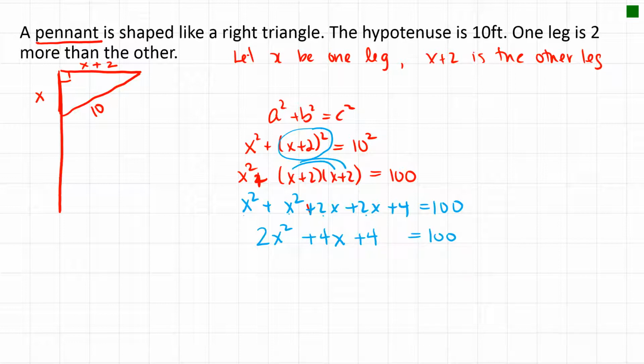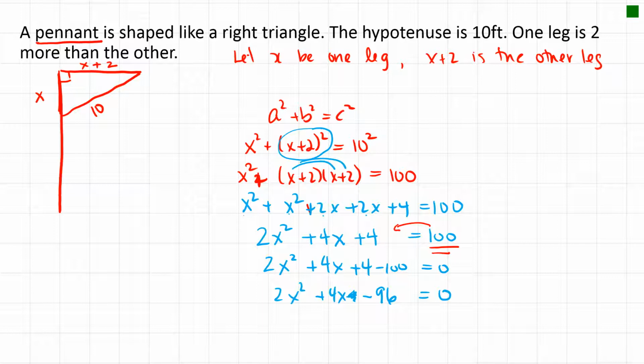Now remember, when you factor, you need to have a 0 on the right, so I'm going to move this over by subtracting 100. And I get 2x squared plus 4x plus 4 minus 100 equals 0. Simplifying that, 4 minus 100 is negative 96, so 2x squared plus 4x minus 96 equals 0.